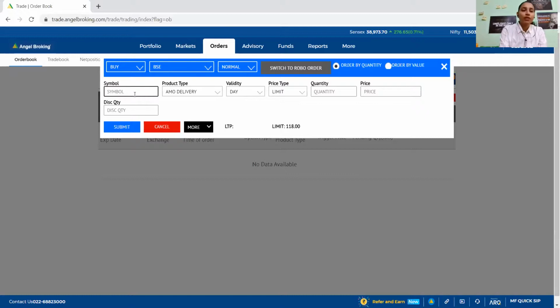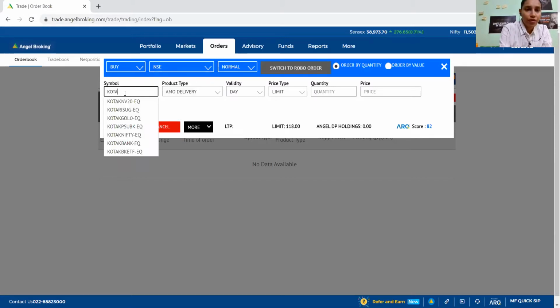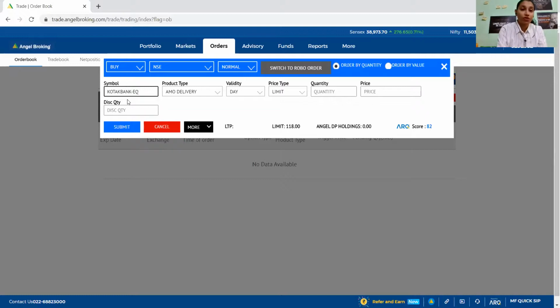Let's talk about Kotak Bank. I'm just typing a random name. So this is Kotak Bank over here. I'm entering Kotak Bank as I saw a buying pattern in this stock today.